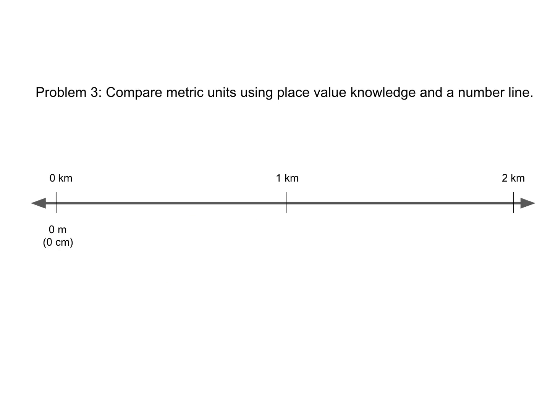All right, so we can compare metric units using our place value and a number line. We can just go ahead and say we put kilometers on the top, and then we put centimeters or meters on the bottom. 1 kilometer is equal to 1,000 meters. 2 kilometers would be 2,000 meters. And 0 would always be there, all at 0. So that's how we could put things into kilometers.